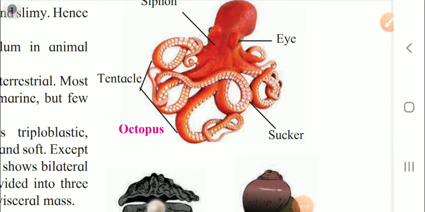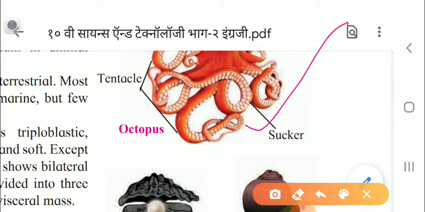Here we can see, children, some diagrams of the mollusks are given. The first one is the octopus. This octopus has different parts, such as suckers. With the help of these suckers, it holds the prey tightly and sucks the nutrition.